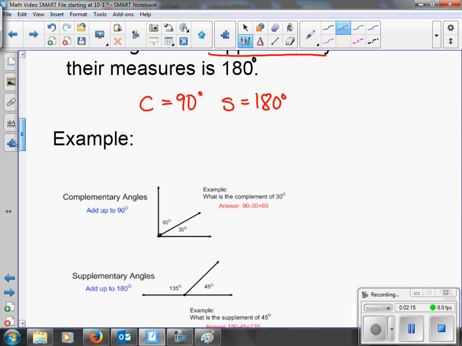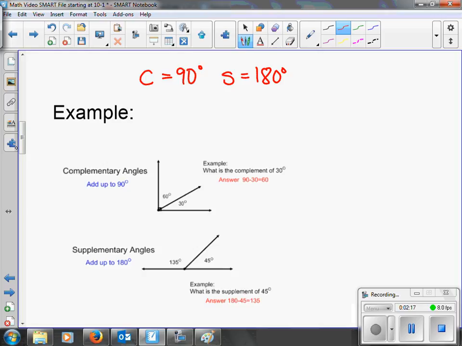So that might help. Now, for example, when it says add, I have two different angles here, and it's two different examples. Complementary angles is when you add two angles together and they get 90 degrees. So here is the 90 degree shape, and you have this 60 degree angle, and if you add that together with the 30 degree angle, you get 90 degrees.